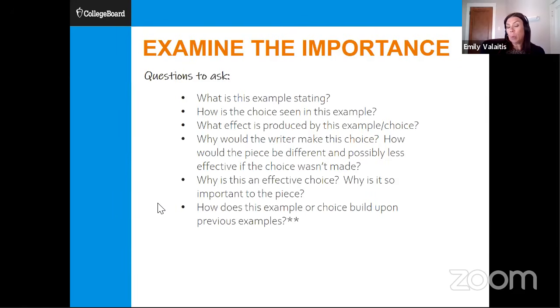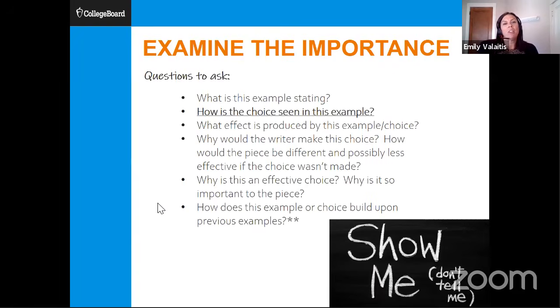I do want to highlight one thing that's really particular with my students, and that's the second bullet point. A lot of my students struggle with explaining how the choice is seen in the example. They tend to just state, here's a choice, here's an example, and then they jump straight into an idea. And something I've used with them, I don't know if you were younger and you ever heard an English teacher or language arts teacher reference show, don't tell.